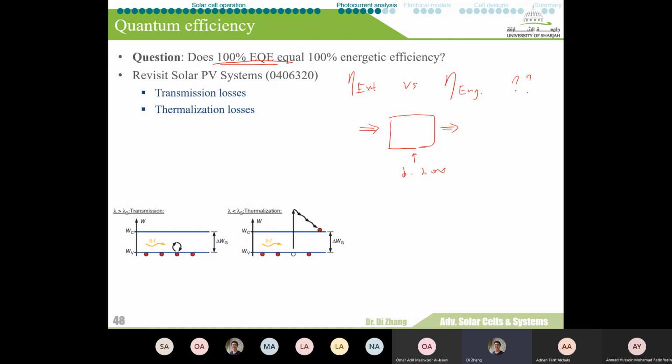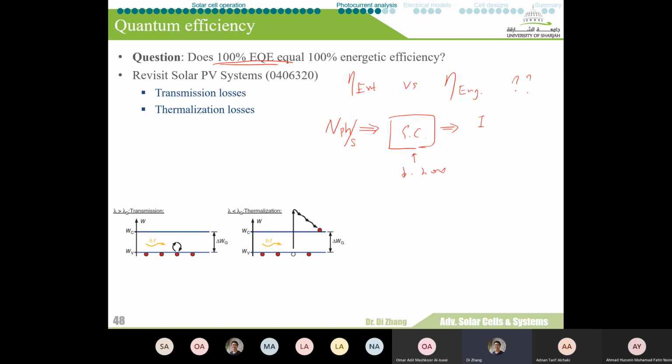So for the quantum efficiency, the inputs are the number of photons, or if you want to make it general, the number of photons per second. So per second, how many photons do we have incident on the solar cell? And at the output, what do we have? As Omar was saying, it's very easy for us to measure the current coming from the solar cell.